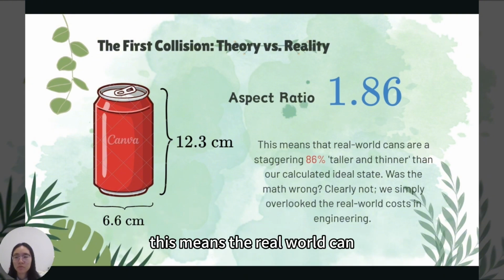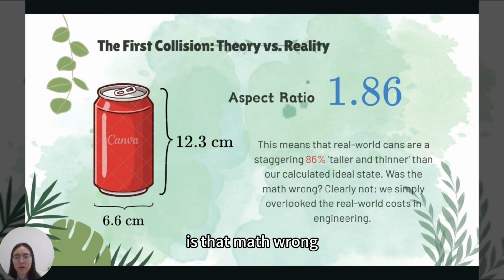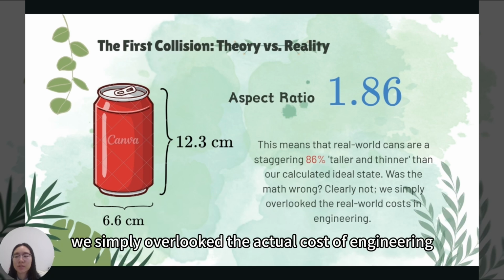This means the real-world can is nearly 86% taller and slimmer than our theoretical ideal. Is that math wrong? Certainly not. We simply overlook the actual cost of engineering.